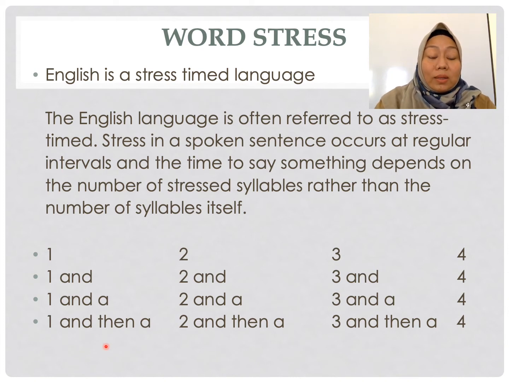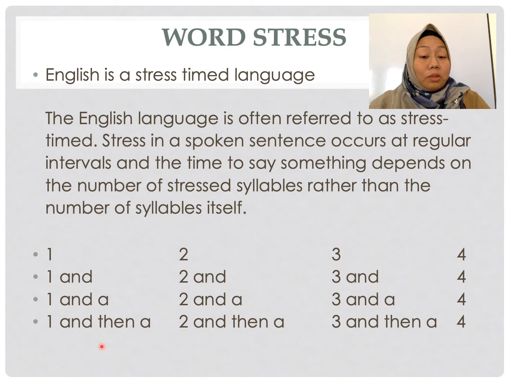Now let's take a look at number four. One and then two and then three and then four. Okay, so the time needed to pronounce all these four is the same, right?